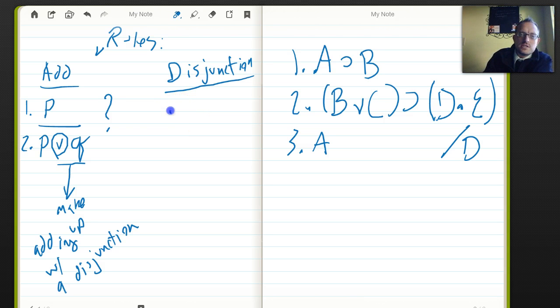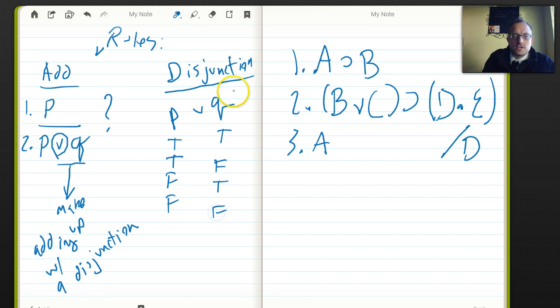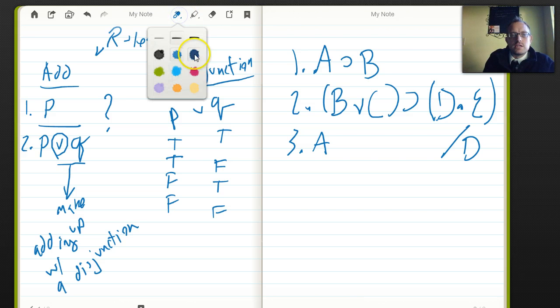Remember, if I have P or Q and I did a truth table, I would have true, true, false, false, true, false, true, false. Sorry, this is crooked. Then if I was actually going to build out the truth table, which values would be true for the operator of disjunction?